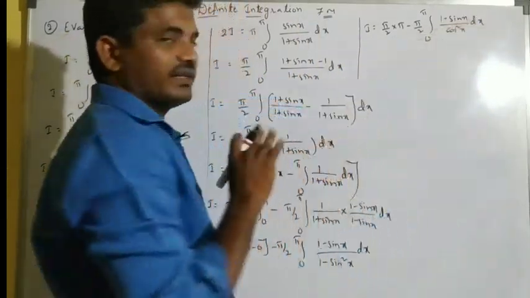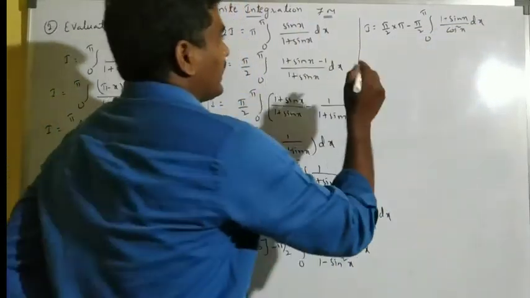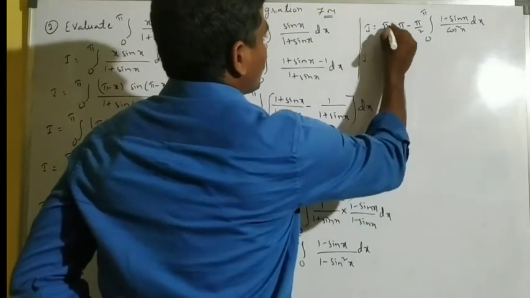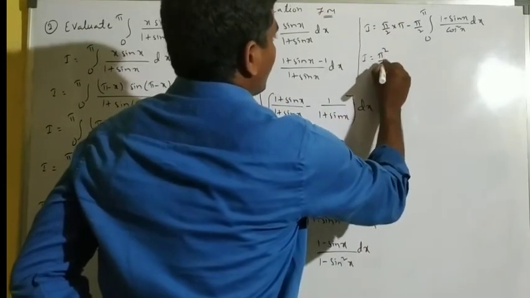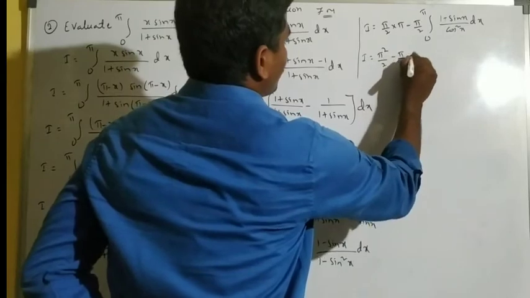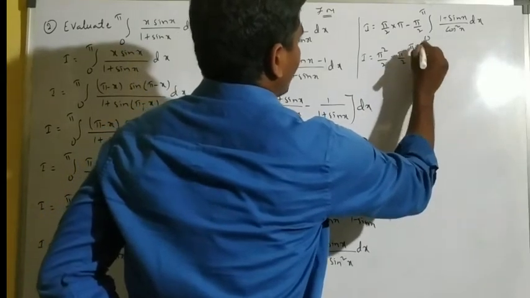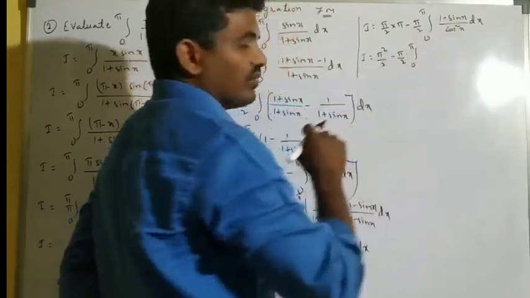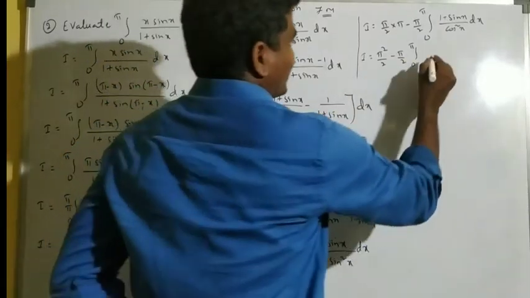When I take them separately, we get I equals pi square by 2 minus pi by 2 of integration 0 to pi of 1 by cos square, and 1 by cos square we can write as secant square.